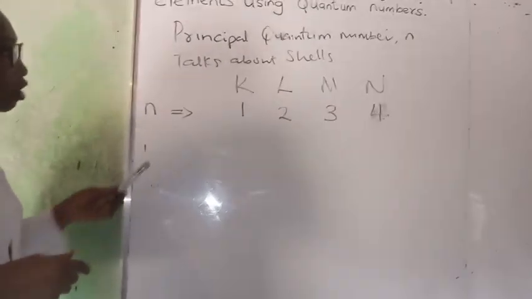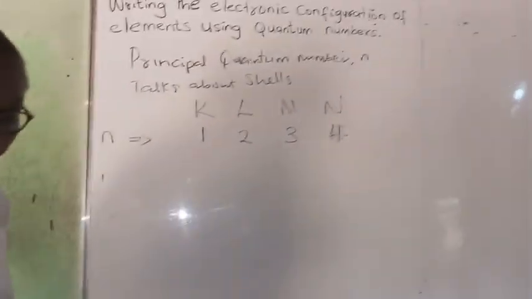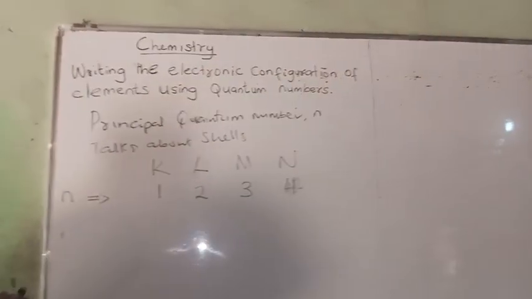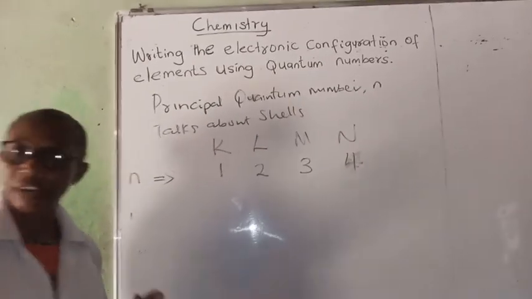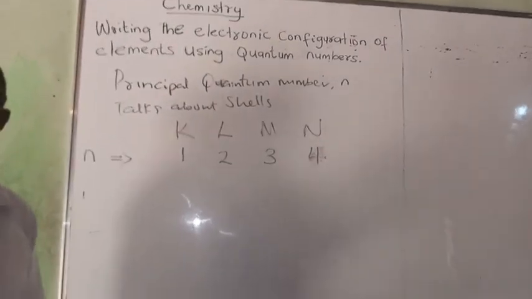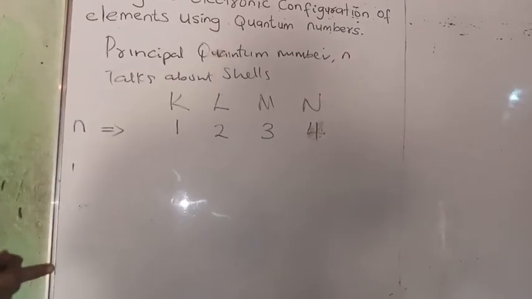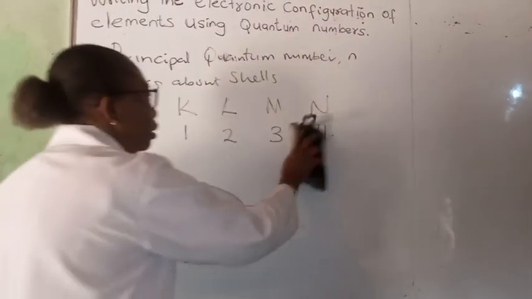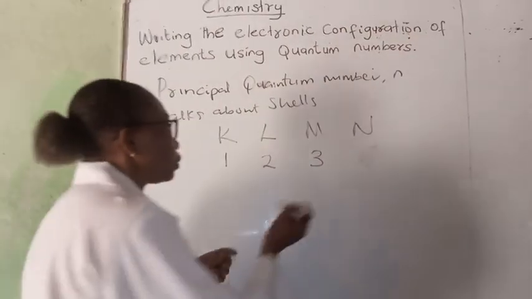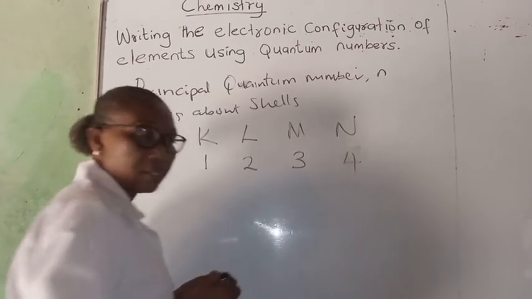Now, according to this principal quantum number, let me clean this and write 4 properly so that you can see it very well.